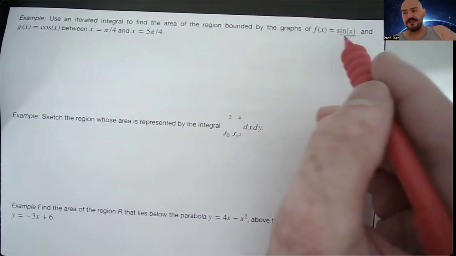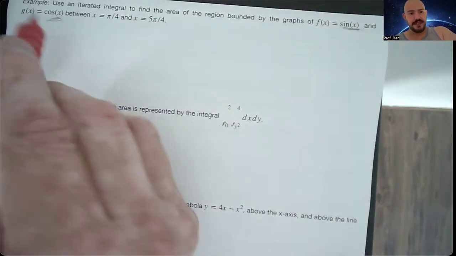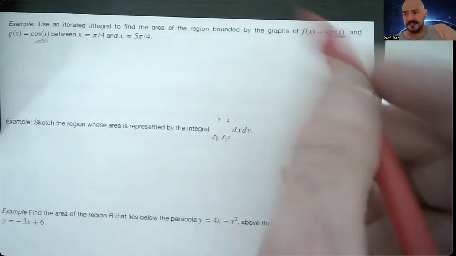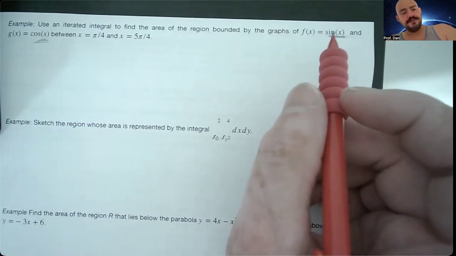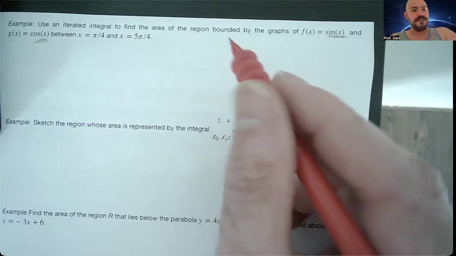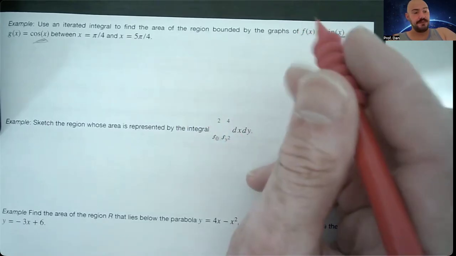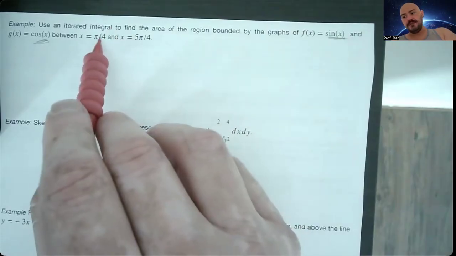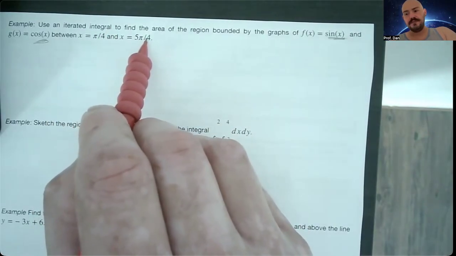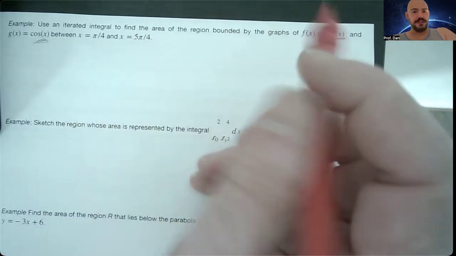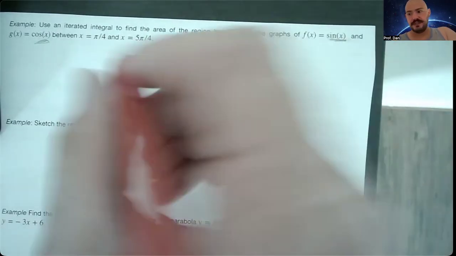The functions that we were given are all in terms of x, right? And just like with the Cal 1 approach to this, we would need to figure out which of these is on top and which of these is on bottom. So an easy way to do that is to pick a number that's between pi over 4 and 5 pi over 4, and then take a look at what each value is.